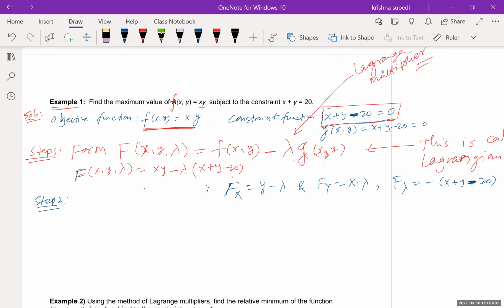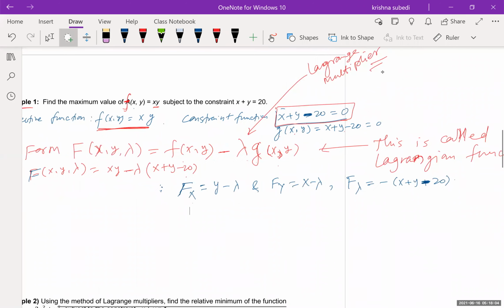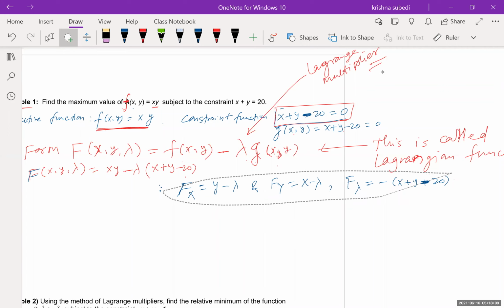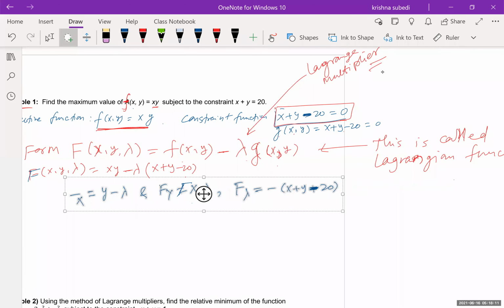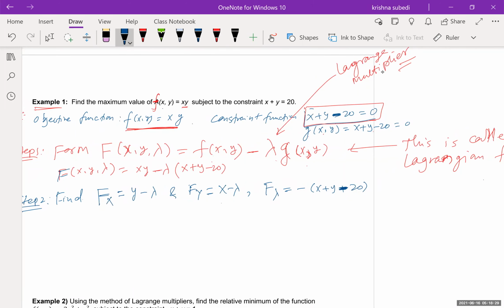Step 2, find the critical numbers, critical points: the first-order derivative with respect to x equals 0, the first-order derivative with respect to y is 0, the first-order derivative with respect to lambda is also 0.